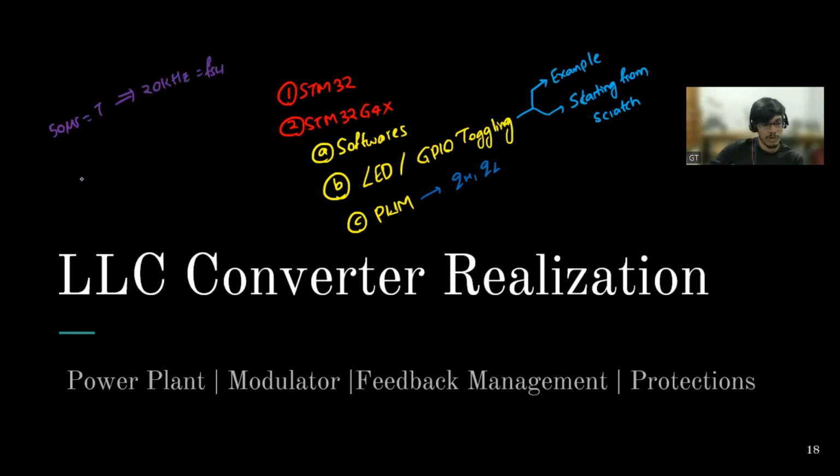The duty ratio was 1/5, which is 0.2. So the high side is turned on for 20% of the time, and there is also a finite dead time. All these are configurable. You can change them and check whether it is working or not. So these are all about the STM microcontroller.